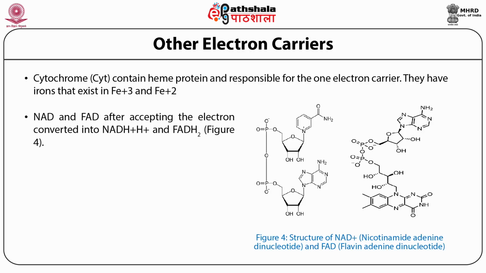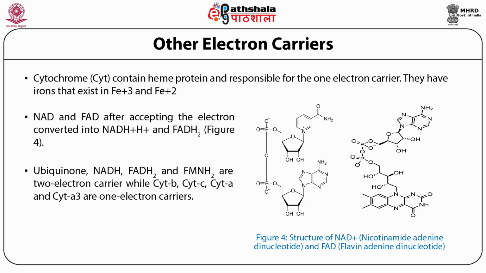Similarly, NAD and FAD both can accept 2 electrons and are converted into NADH plus H plus and FADH2. Ubiquinone, NADH and FADH2 as well as FMNH2 are 2 electron carriers, while cytochrome b, cytochrome c, cytochrome a, and cytochrome a3, which are electron carriers found in the electron transport system, are 1 electron carriers along with the iron sulfur centers.